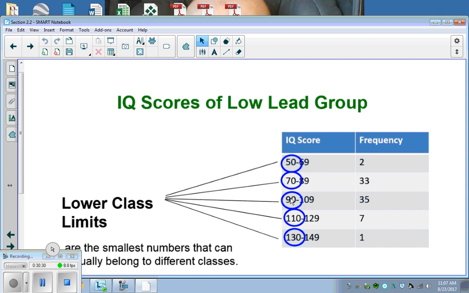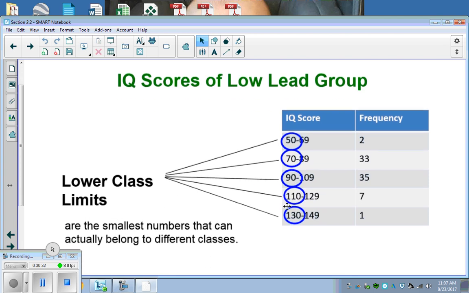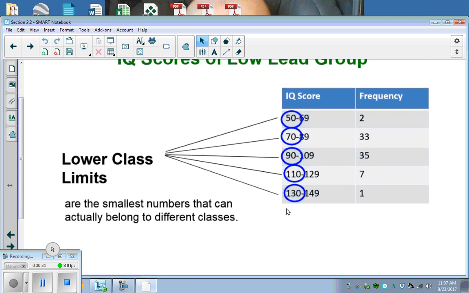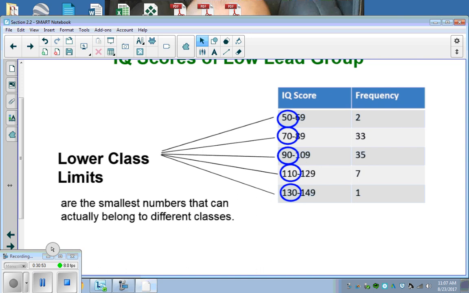So here's one example. IQ scores of a group of individuals. Lower class limits are the smallest numbers. So here obviously it would be 50, 70, 90. Whatever that IQ is, I'm grouping people that have an IQ from 50 to 69, then from 70 to 89.